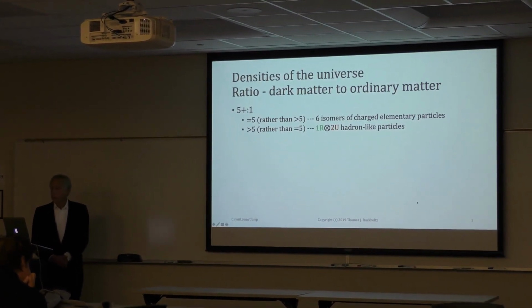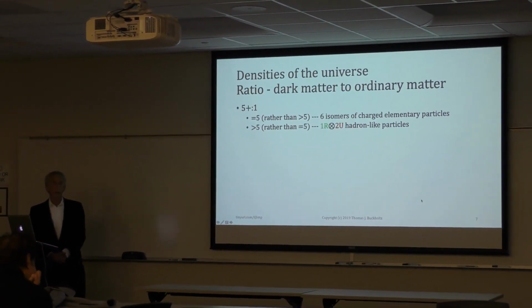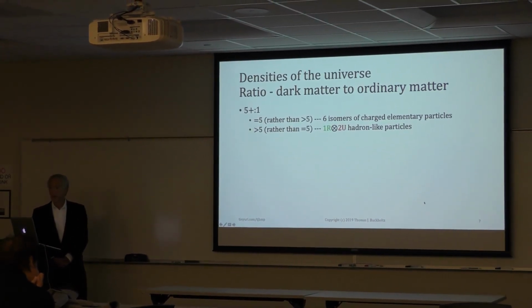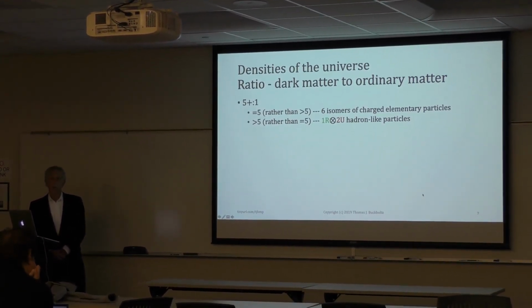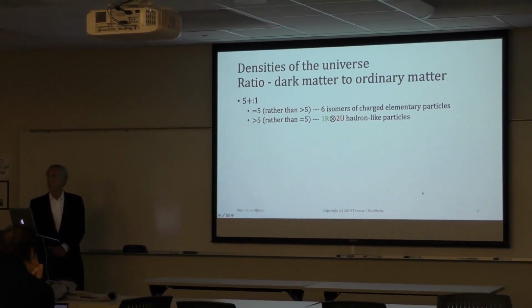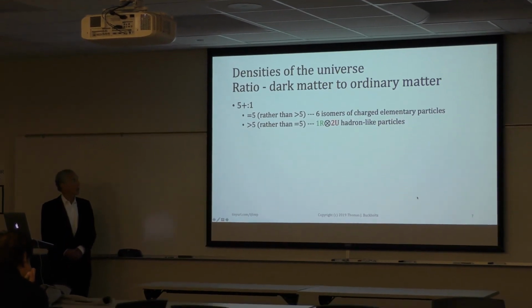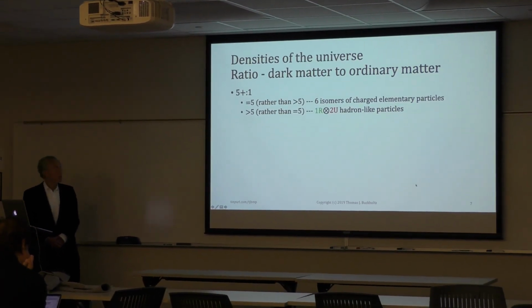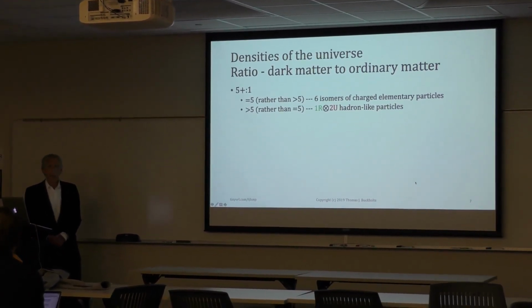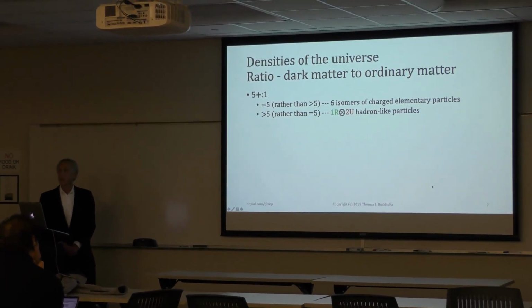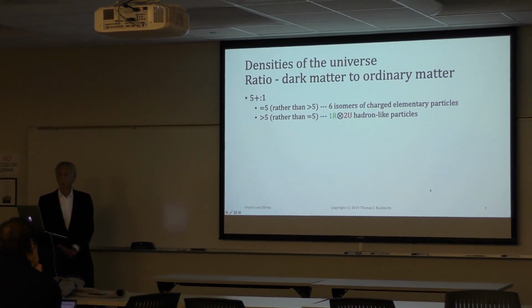So we need to add one assumption to get past the first part of this agenda, and I'll do that now. The long-term known ratio of densities in the universe, dark matter to ordinary matter, is a little bit more than 5 to 1. It comes from the CMB observation. And we're going to explain that by assuming that the universe includes 6 isomers of charged particles.